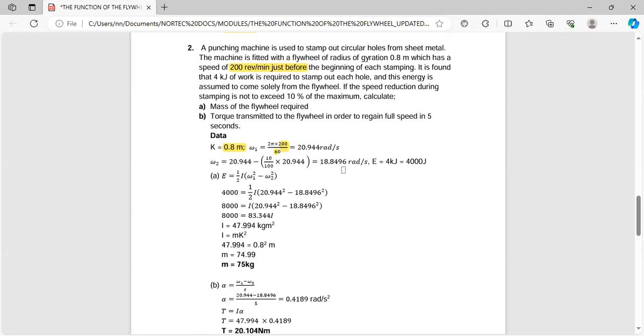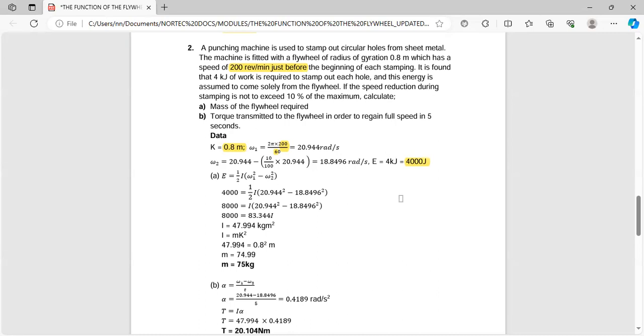Next, we already have the energy that is being absorbed, or the energy fluctuation, which is 4 kilojoules. This converted to joules gives us 4,000 joules, because kilo is 10 power 3, or simply 1,000. So that is our E.